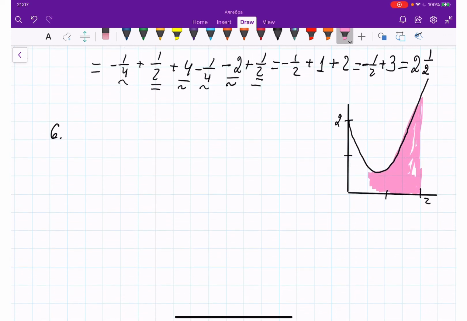This one is going to be different because the whole area we can calculate as one integral.